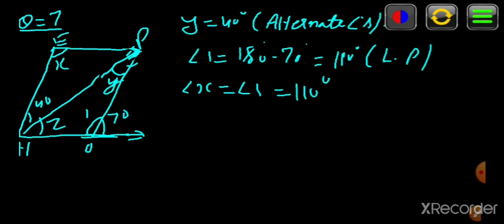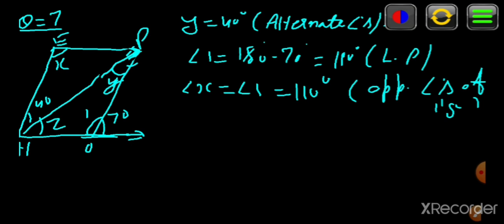So angle x comes out to be 110 degree, opposite angles of parallelogram. So what we have found? We have found the value of angle x as well as angle y. What we need is to find the value of angle z.